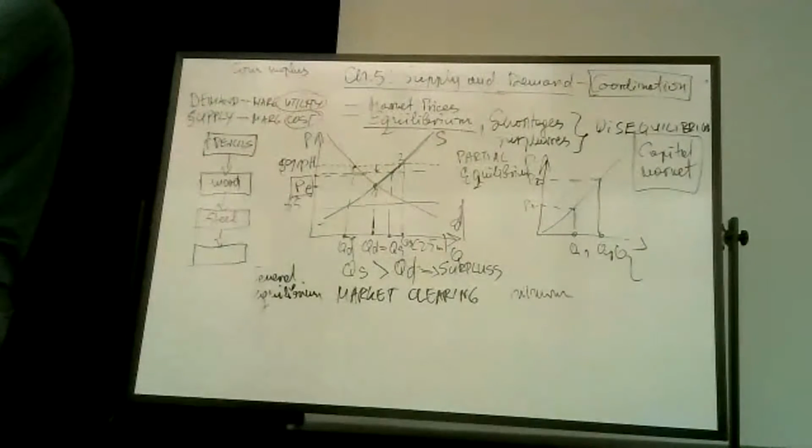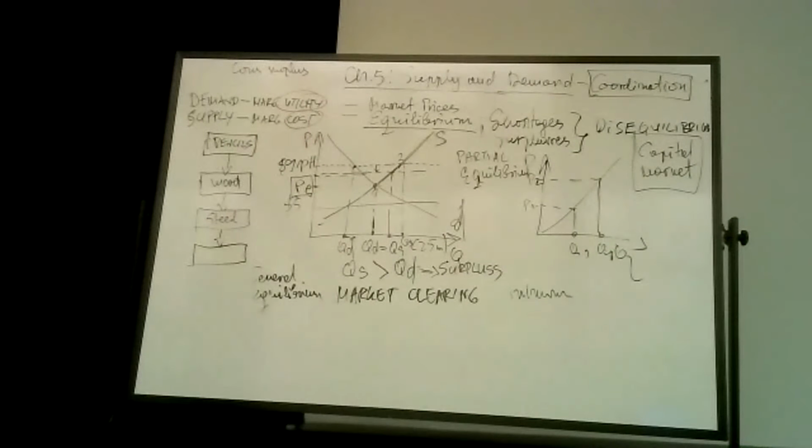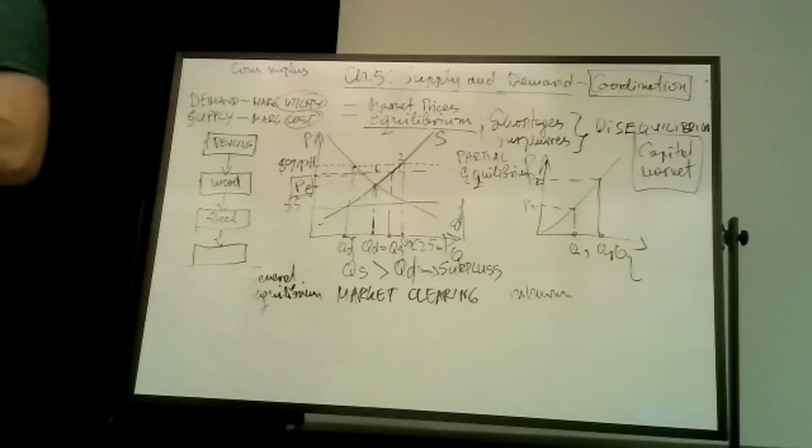If you are an investor and you hold stocks in company A that has a 50% lower profit rate than some other company, it is very likely that you're going to sell your stock in company A and buy stocks in pharmaceuticals. So if the profit rate in one branch of industry is systematically higher than in other branches, there will be a redistribution of capital from other industries to that particular industry.